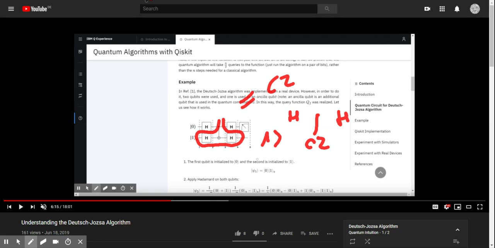Constant outputs all zeros or all ones, or balanced returns one for half of the input domain and zero for the other half. The task then is to determine if f is constant or balanced by using the oracle. So the idea is you apply it in a superposition.